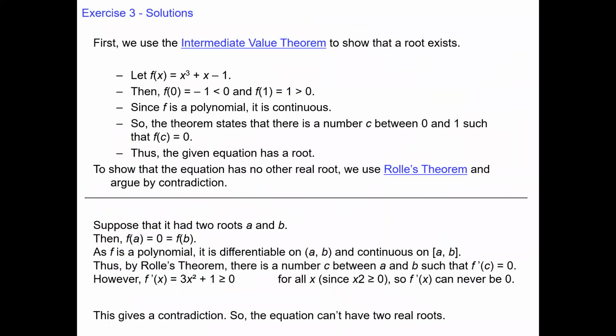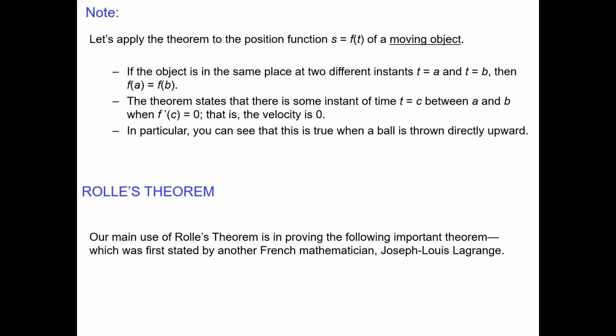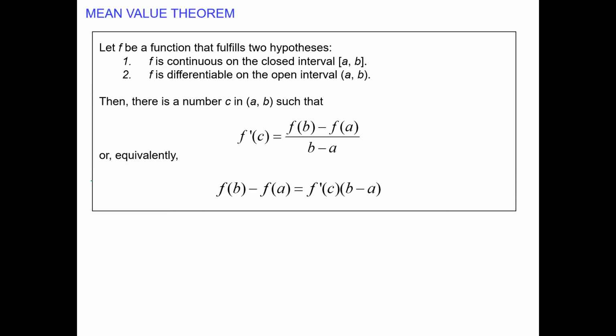Oh, I have a little bit of notes. Now Rolle's theorem was a special case of this. Let's finally look at the mean value theorem, which is what the section is actually talking about. Let's read the condition. It's quite similar to Rolle's theorem.